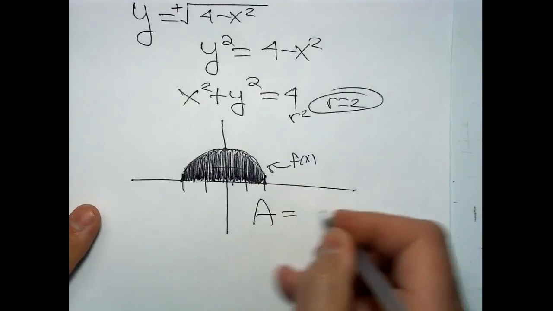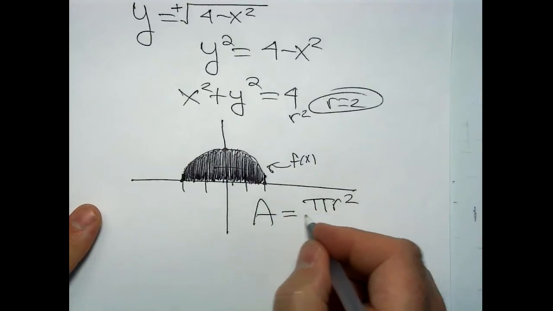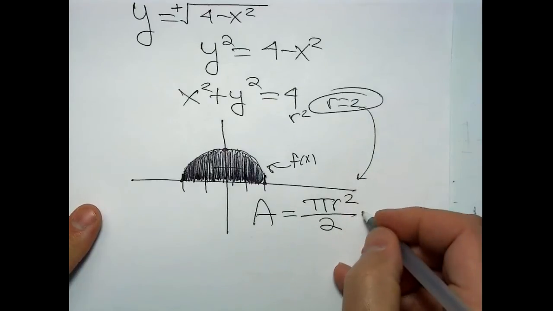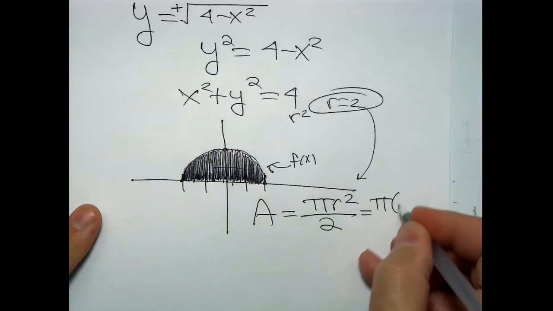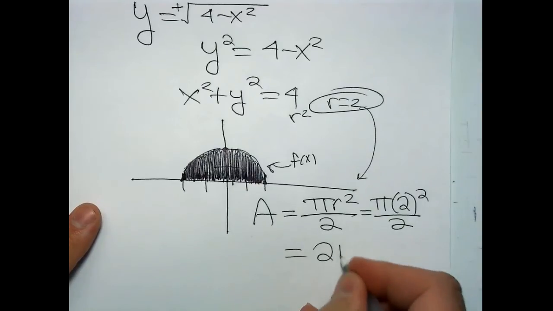The area of a circle is pi r squared. The area of a semicircle, or half a circle, would be pi r squared over 2. R is 2. So the area of this semicircle is pi 2 squared over 2, which is 2 pi.